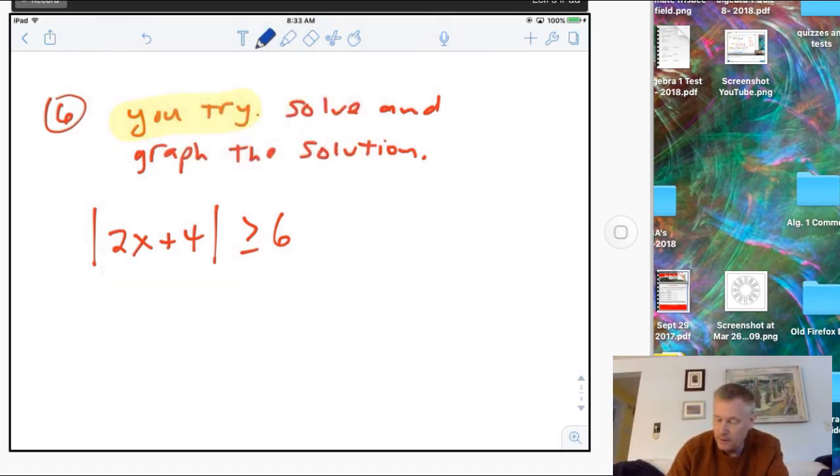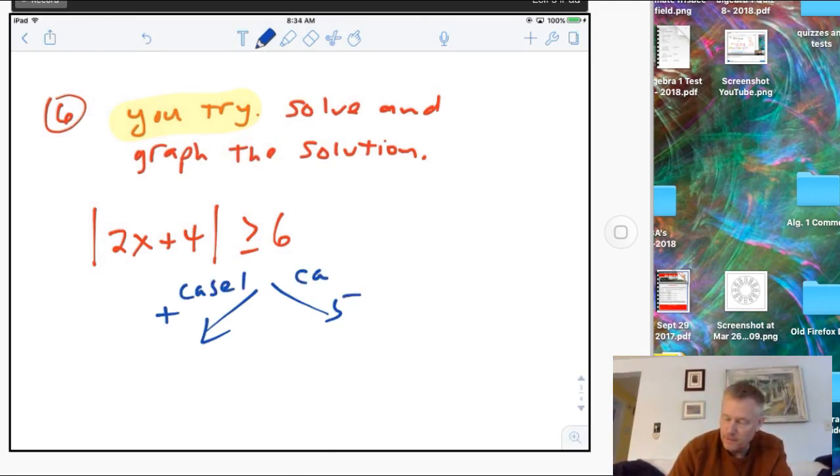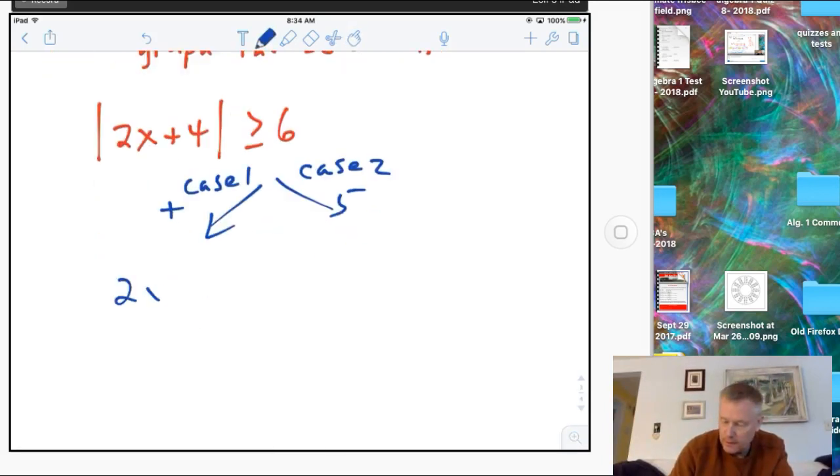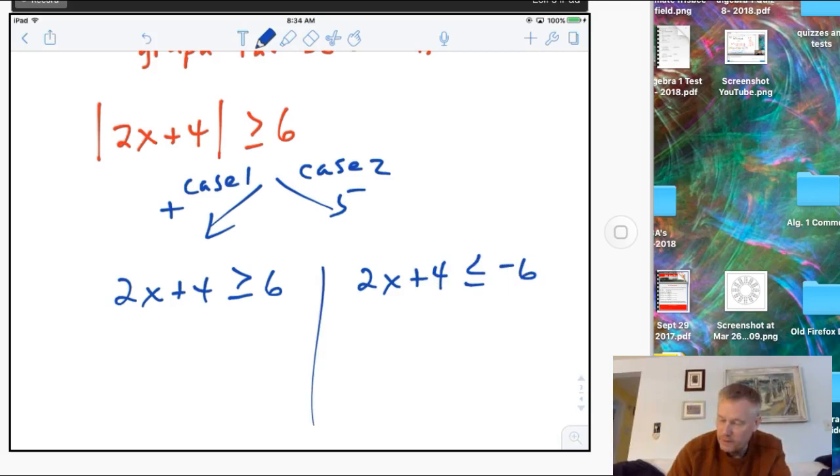Okay, welcome back. So quickly buzzing through this. Case 1, case 2. I get 2x plus 4 is greater than or equal to 6. Case 2 is 2x plus 4, flip the sign, negative 6.